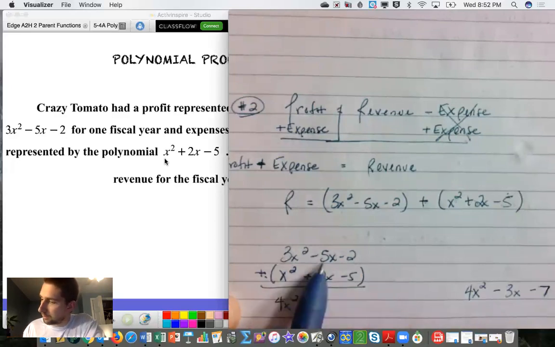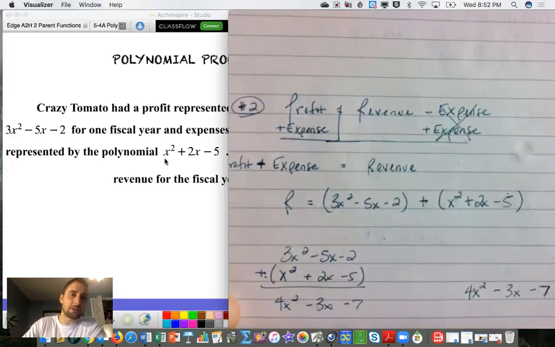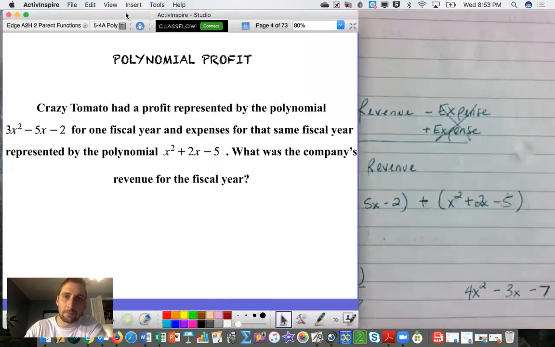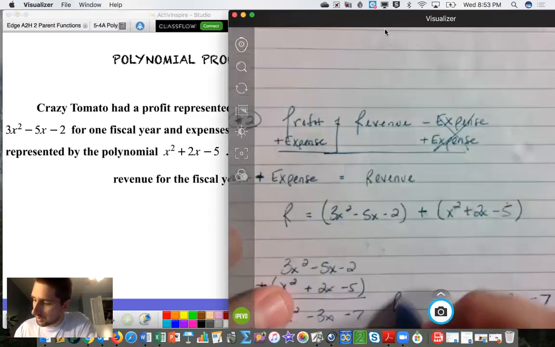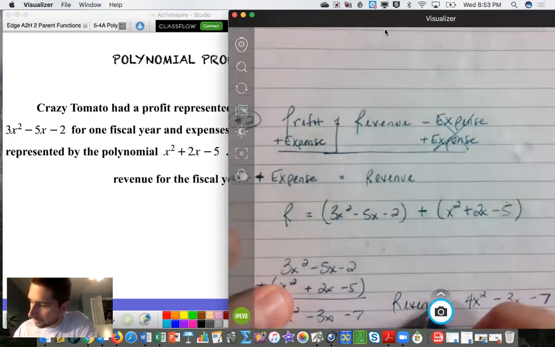Negative 5 plus 2 gives you negative 3. And negative 2 plus a negative 5 should give you negative 7. What's the question ask us? Well, the question asks, what was the company's revenue for this fiscal year? So make sure when you label this, it's not going to be profit this time, but we're asked to find revenue.